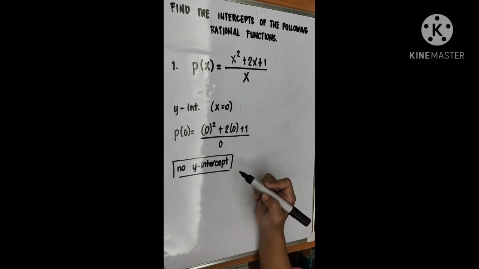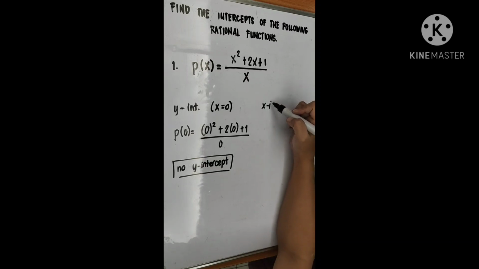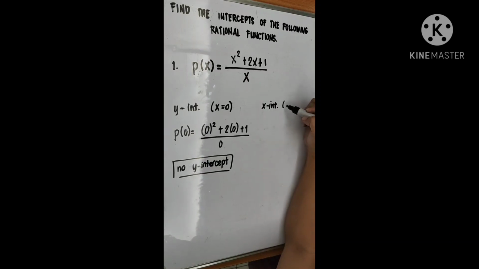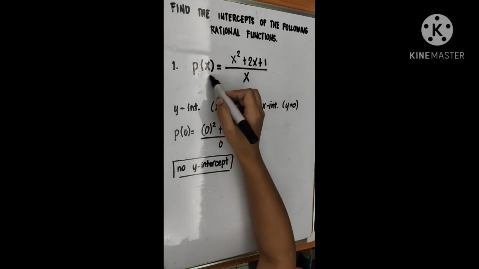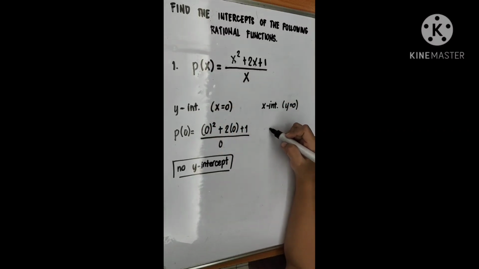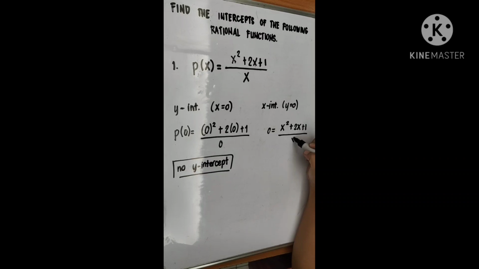Now let's proceed with the x-intercept. In solving for the x-intercept, we need to equate y to 0, or we need to substitute 0 for our y, or our p of x. So this will give us 0 is equal to x squared plus 2x plus 1 all over x.